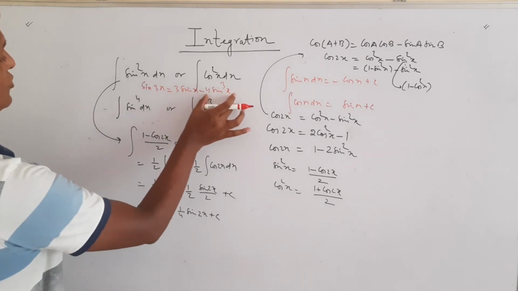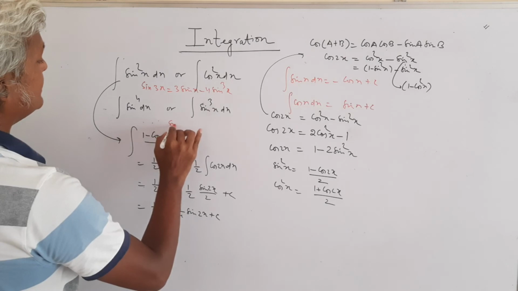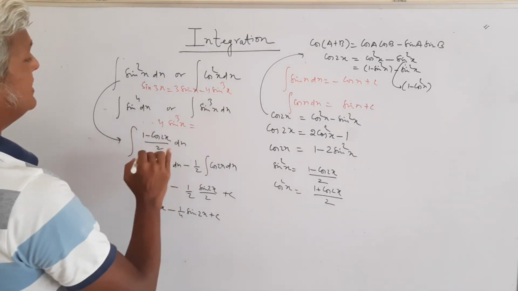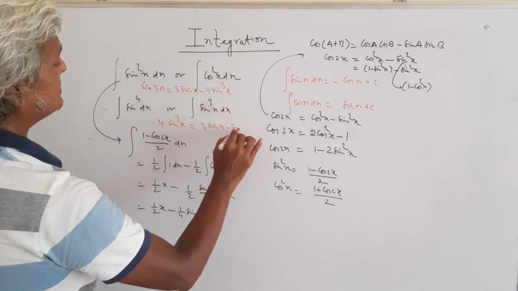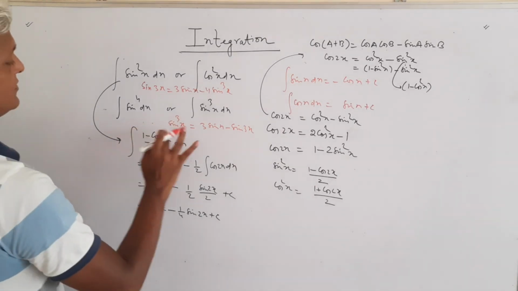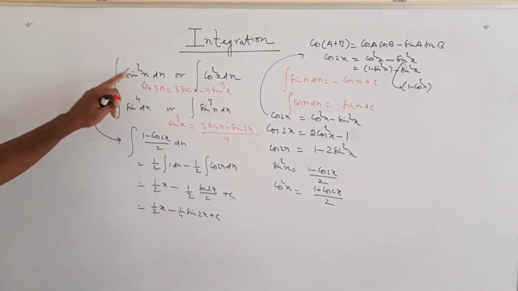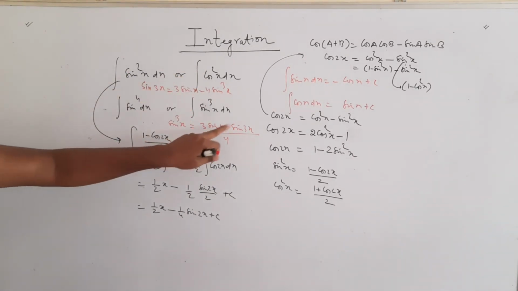Now take the 4 sine cube x to this side, so sine cube x is 3 sine x minus sine 3x, over 4. So directly you take this 4 from here and put it there. You don't have to integrate sine cube x directly, you just integrate these two.